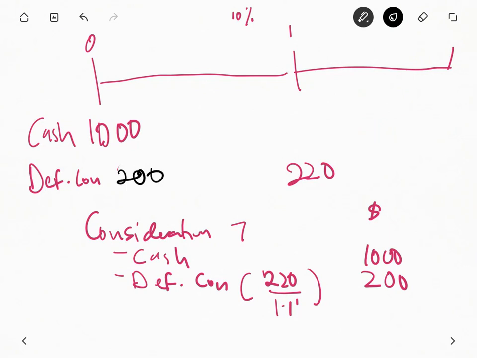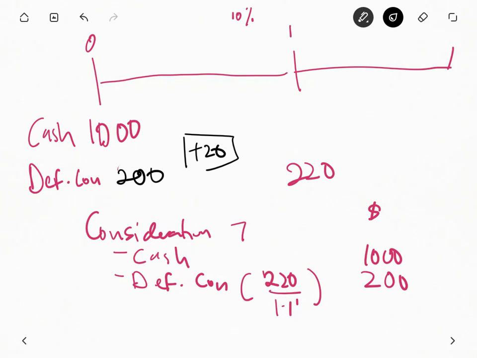1 year later, what must I do? I need to unwind. Okay, unwinding of the discount, which is 10% of this 200. So 10% of this 200 means add 20. So what's the double entry for this 20? It's a finance cost. Debit finance cost, credit deferred consideration, which is a liability.